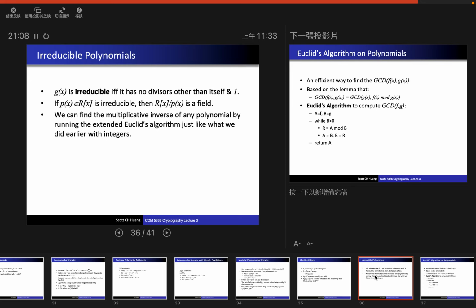Because we only have a very limited number of polynomials, so it will be very clear. So let's take a look. So x squared plus x plus 1. If it's not irreducible, then this is degree 2, right? It must be factorized as something, right? Two linear polynomials.